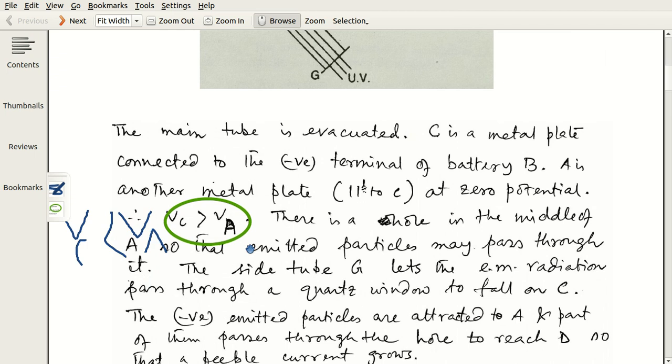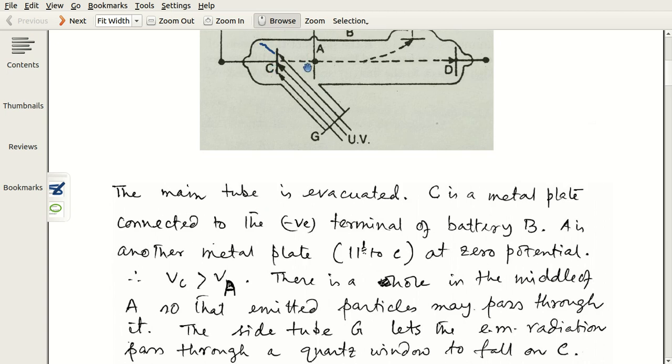And there is a hole in the middle of A, so that if some particles are emitted from C, some of them pass through A. This is done because of the need of collimating, to make the flow of particles kind of linear. This is a focusing arrangement in a very elementary way. Otherwise there is no direct need of this plate and this hole.